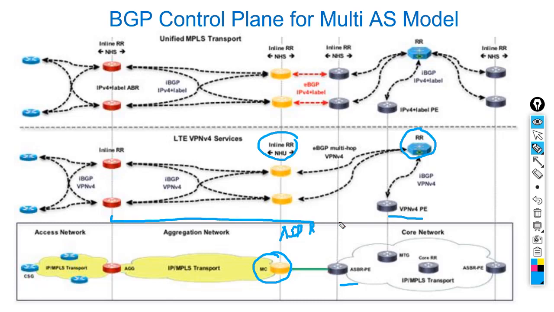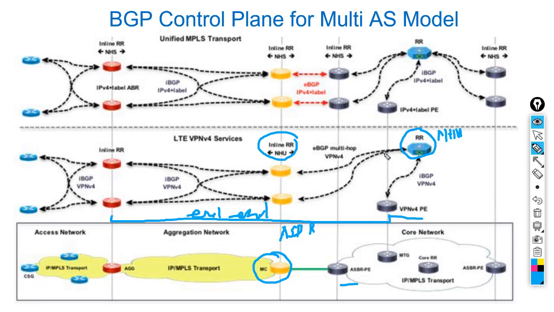But our purpose is to create an end-to-end VPN, so we need to keep the next hop at the PE router. So on our RR router here, we need to configure next hop unchanged. It means that for the VPN prefix advertised to the metro core, the next hop will be the address of the PE router, not the address of the RR router here.